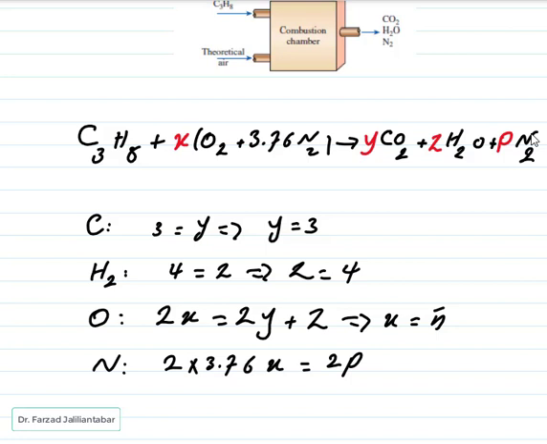As you can see, we have 2 molecules of nitrogen here and 2 molecules of nitrogen here, but it should be multiplied by 3.76. Then by substitution of X, which is 5, we can get P as 18.8.